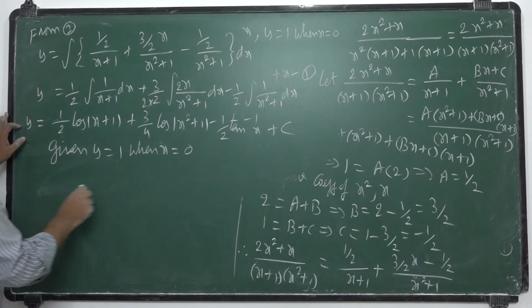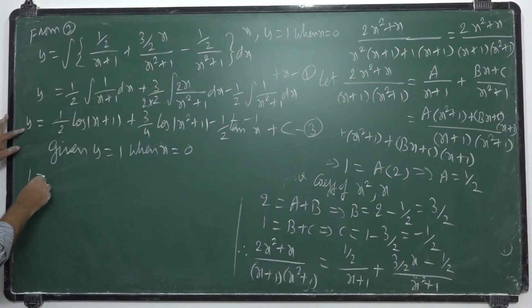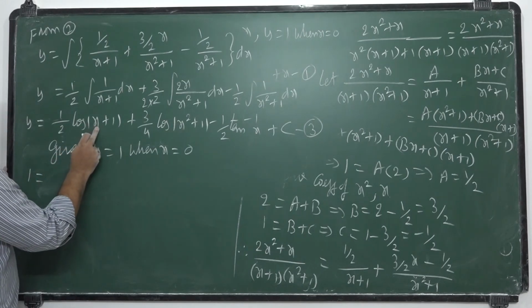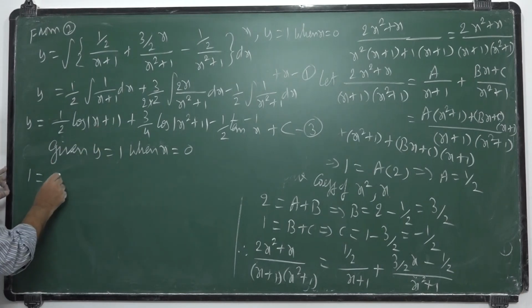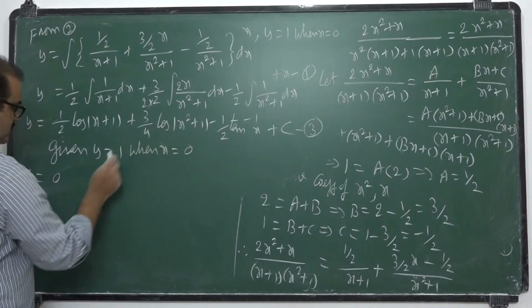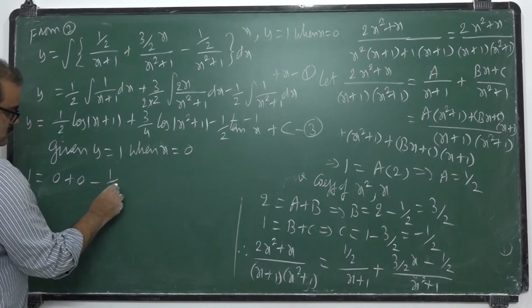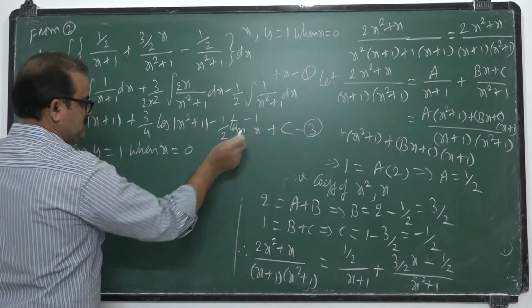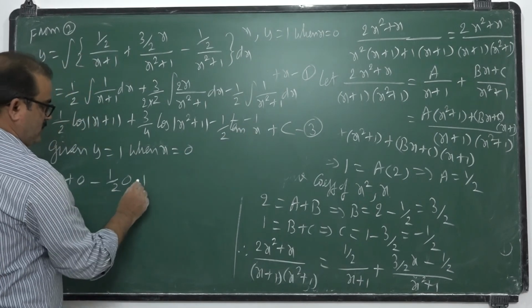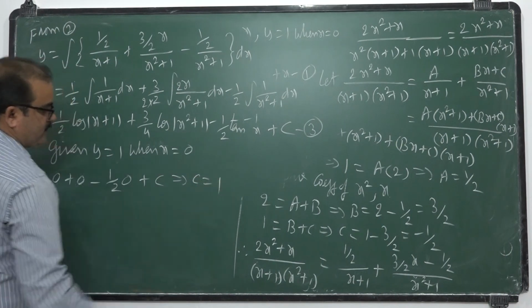Okay, let it be equation 3. Y is 1, put x is equal to 0: 0 plus 1 is 1, log 1 is 0. Here also 0 plus 1 is 1, log 1 is 0, tan inverse 0 is 0, plus c. So c is equal to 1.